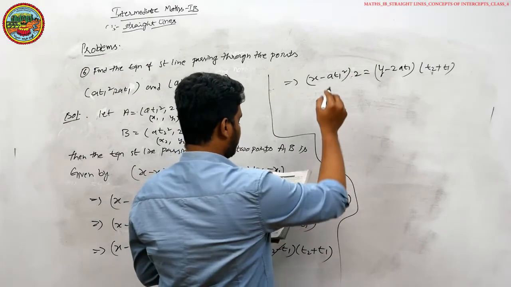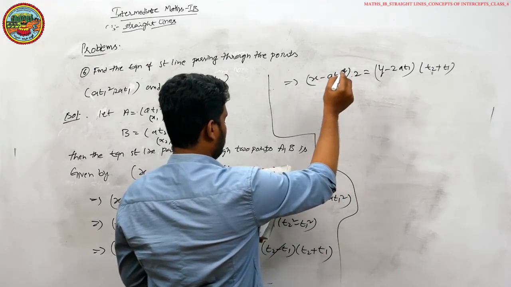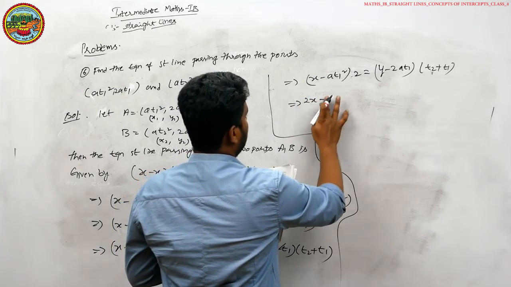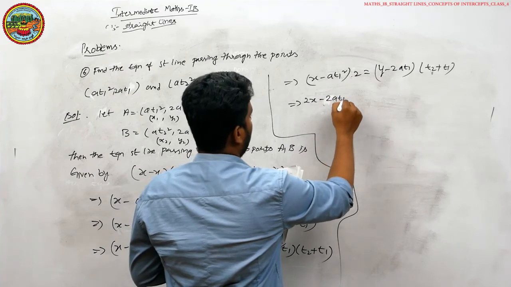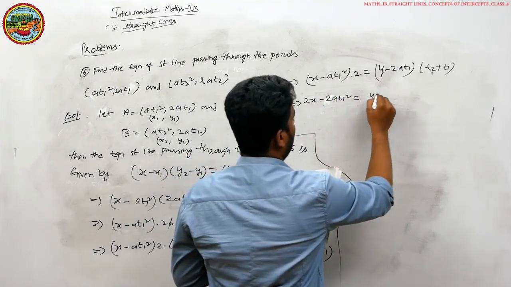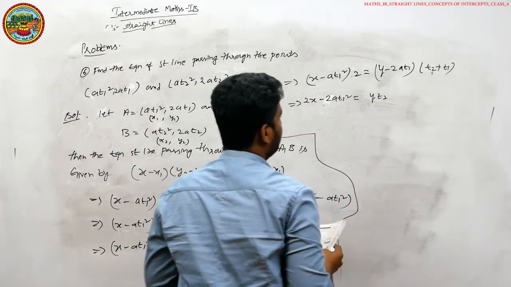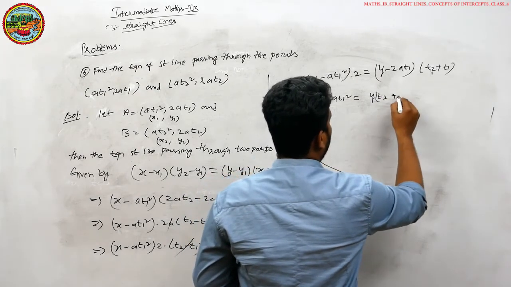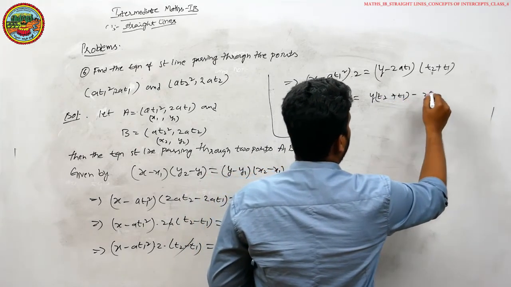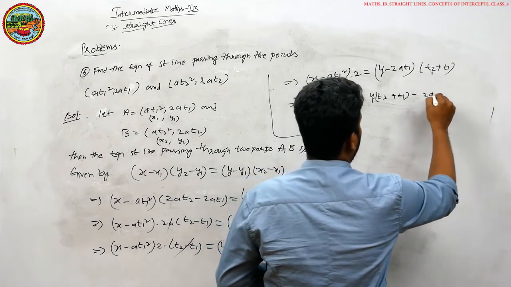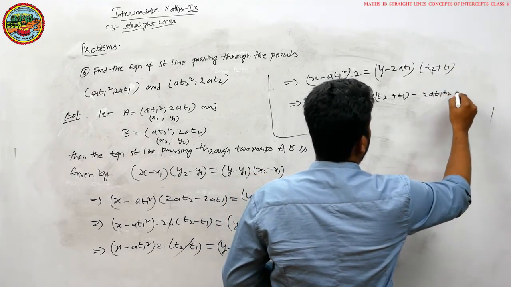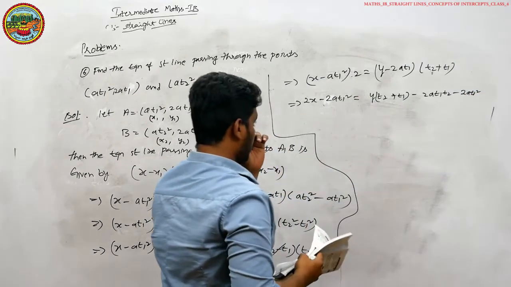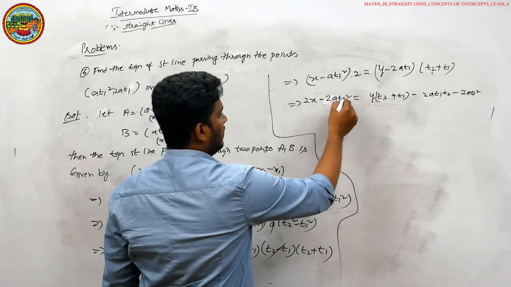So multiplying, we get 2x minus 2a t1 square is equal to y into t2 plus t1 minus 2a t1 t2 minus 2a t1 square.